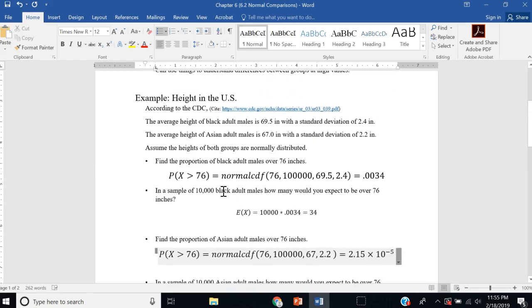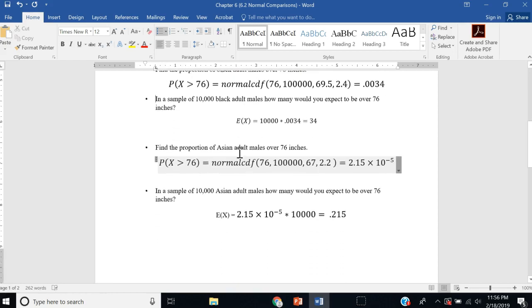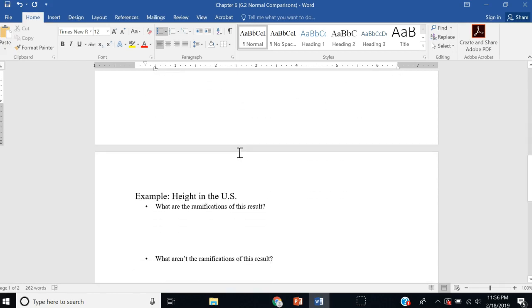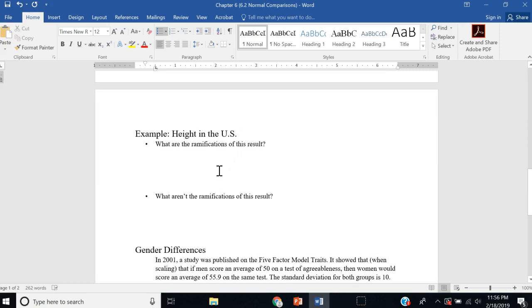By the way, you could do that for lots of different groups. If you go back to the CDC, you could look up all the different groups that they lay out or categorize. Okay, so those are the ramifications: you're going to find more extremely tall black adult males than Asian adult males. And what aren't the ramifications?